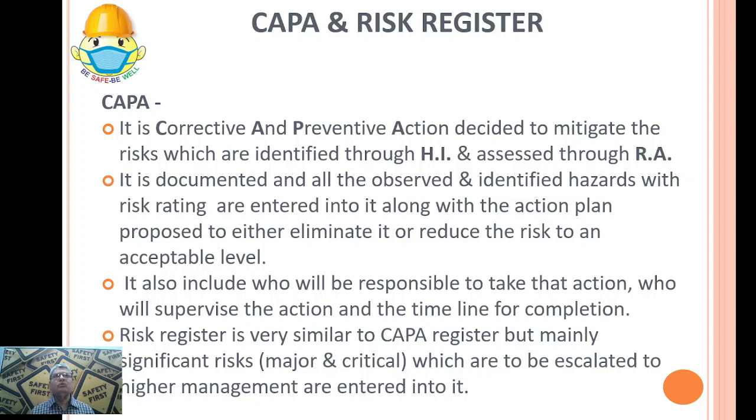Then there are references to on what date the risk assessment was done, then who has done the risk assessment, then what are the present controls and what is the present risk assessment, then what will be the action plan, and how the risk will be reduced after that action, then who is the owner of the action, who will supervise the action, then what is the timeline or the last date for the completion of CAPA.